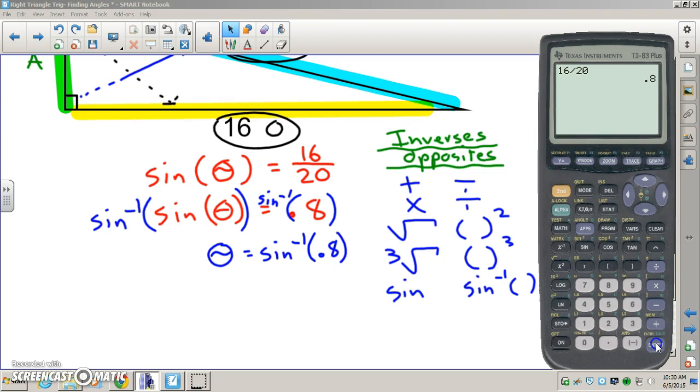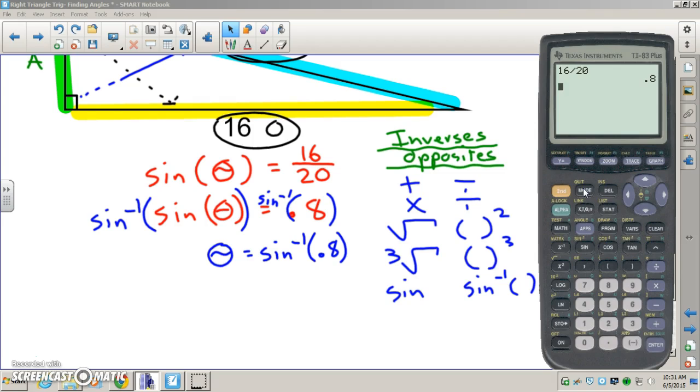Now, just like when you're finding side lengths or angles, you need to make sure your mode is in degrees. Right now, when I turned on my calculator, it was in radians. So I'm going to go down and over 2 degrees and turn it on there. Depending on what type of calculator you have, you need to know how to switch between radians and degrees.